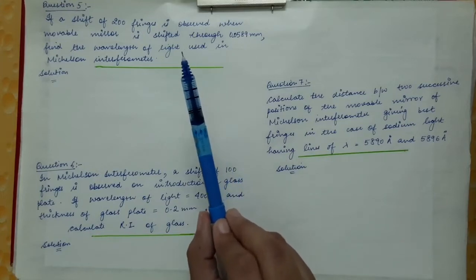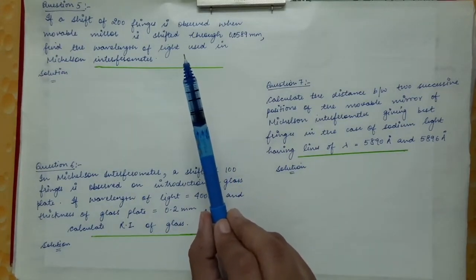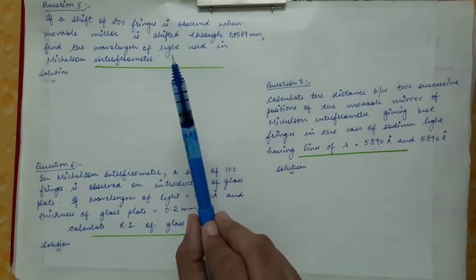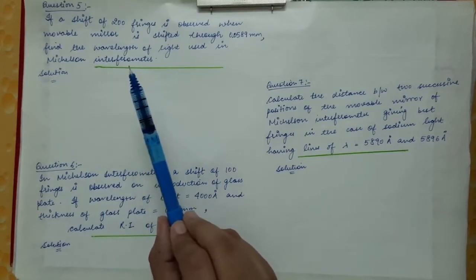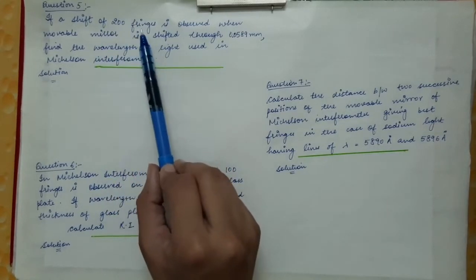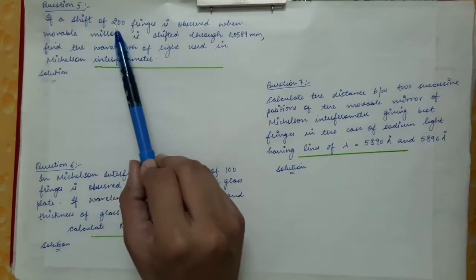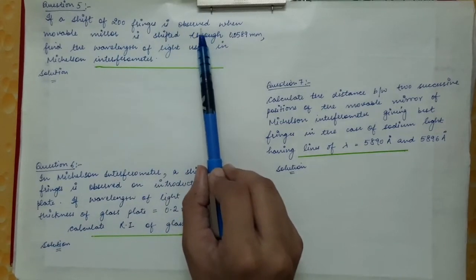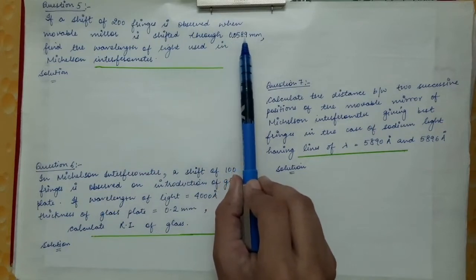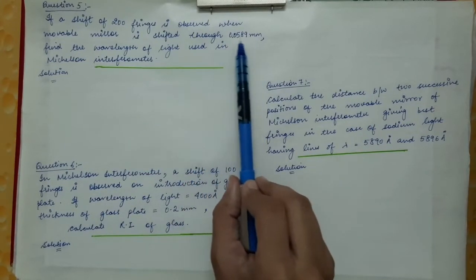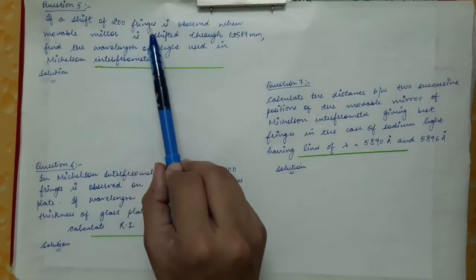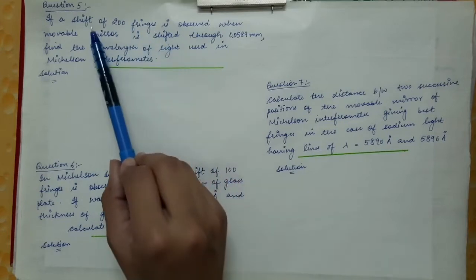So if you are decreasing or increasing the distance from the beam splitter, the fringes will collapse or expand, and hence the fringes will shift. Now we are given that a shift of 200 fringes is observed when the movable mirror is shifted through 0.0589 millimeter. The mirror is moved by this much distance, and it is seen that 200 fringes on the screen shift.